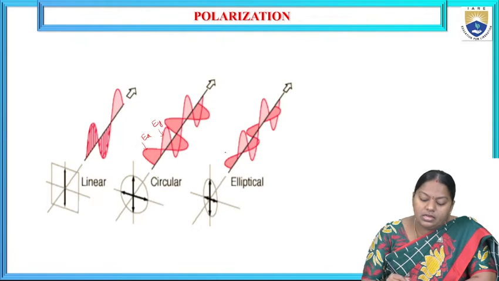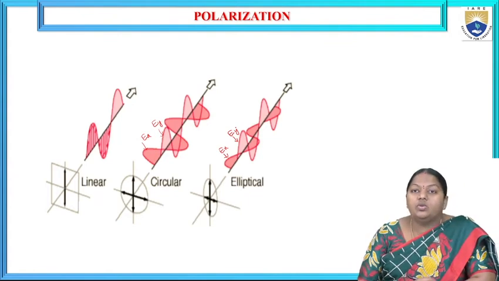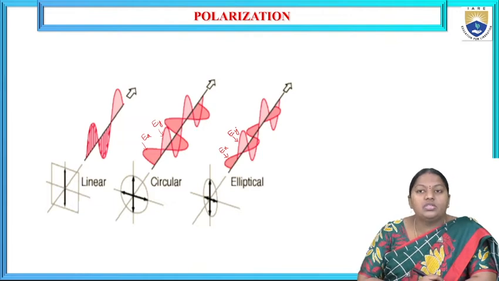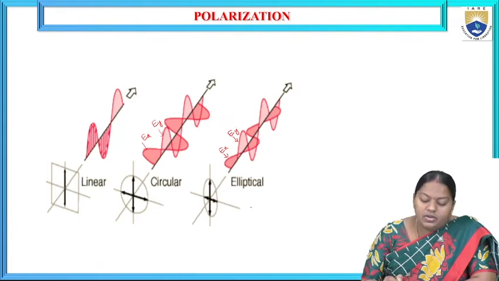Similarly, in the elliptical case also, one will be in x and the other in y. Okay, and depending upon the amplitudes and the phase angles, these two are different: circular polarization and elliptical polarization. See, if you observe, linear means only one direction, and in the circular and elliptical cases, we have to consider two directions.